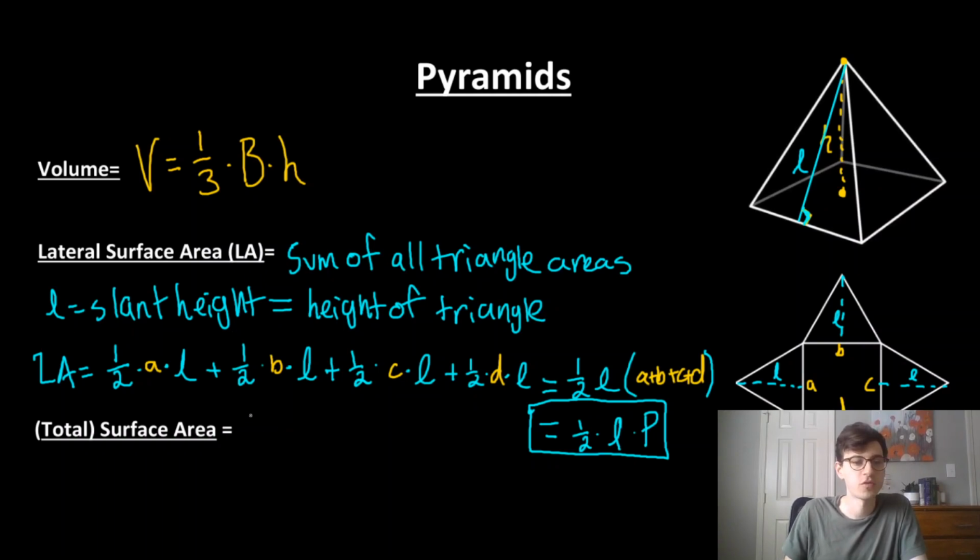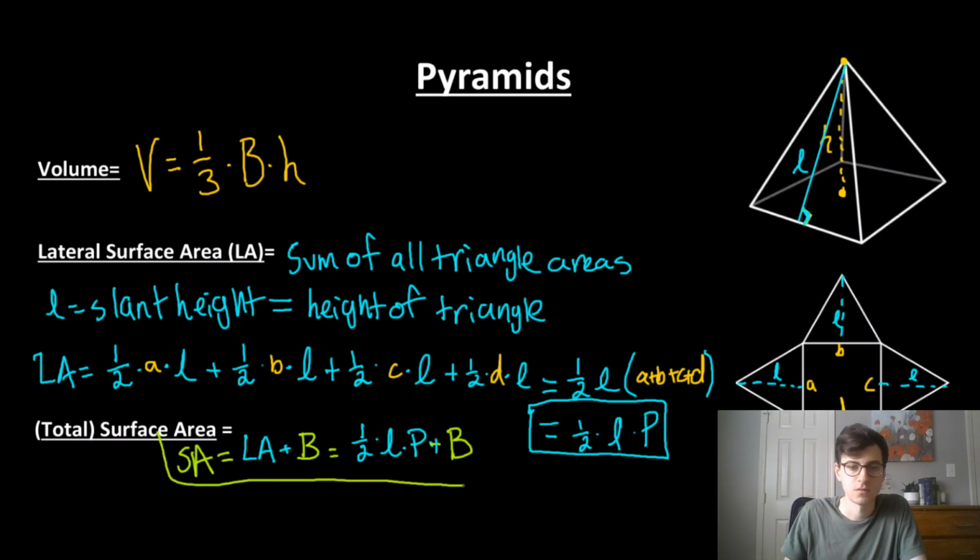But the total surface area is the lateral area plus the area of our base. So you could say that's 1/2 times the slant height times the perimeter, plus the area of the base. And that's the total surface area for a pyramid.